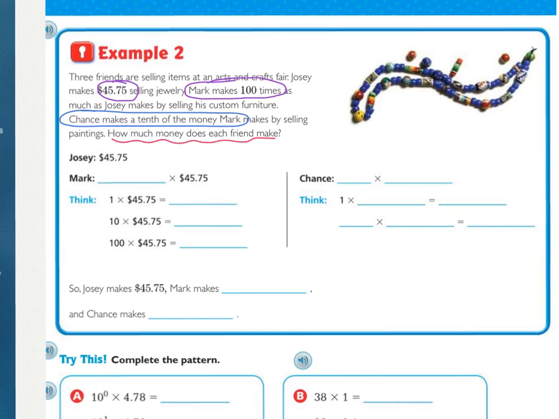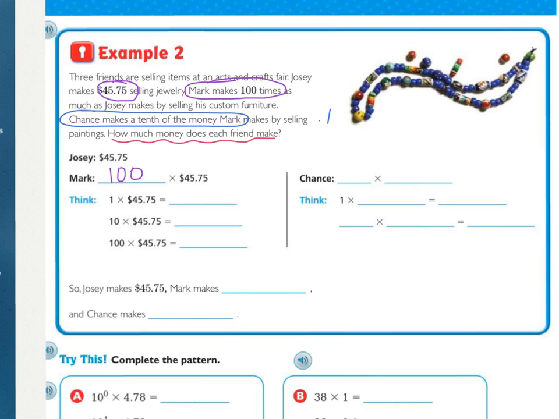So that's 1/10. Okay, so we're starting with Josie, and we know that she has $45.75. Mark makes 100 times that, so we're writing 100 in here, and we're going to go through our pattern.